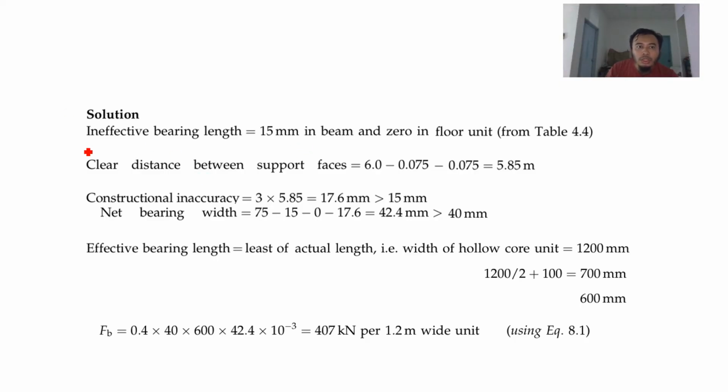So the solution: ineffective bearing length is 15 mm in the beam and 0 in the floor unit because the tendons extend up to the end of the slab, and the clear distance between support faces is 6 minus 0.075 minus 0.075. These are both the nominal bearing length.